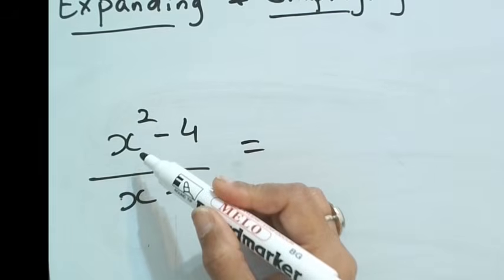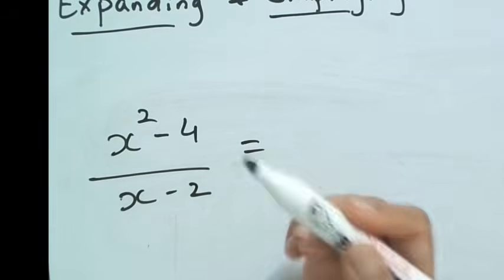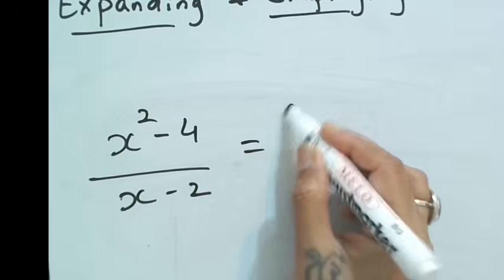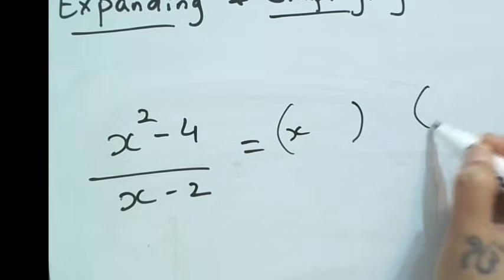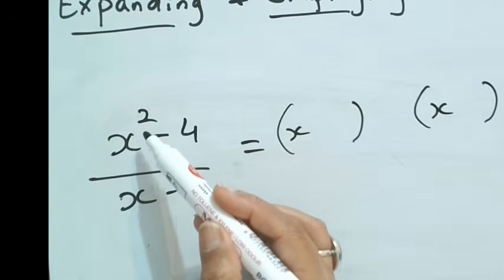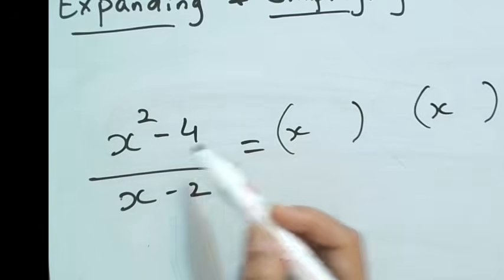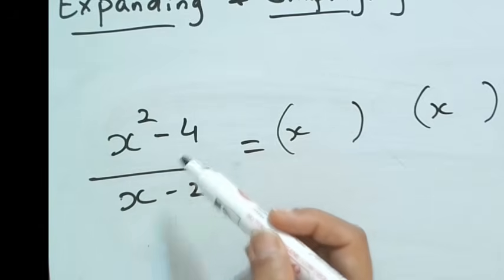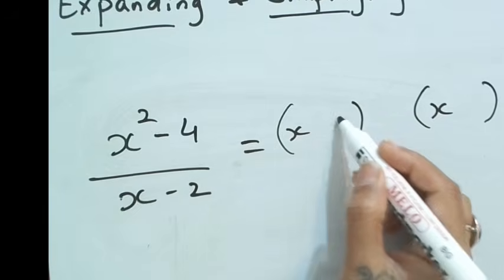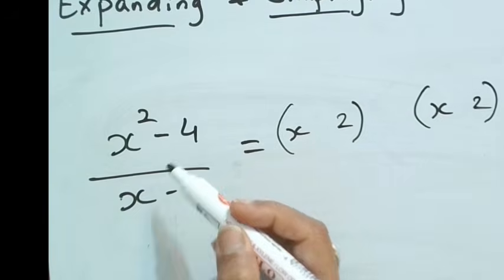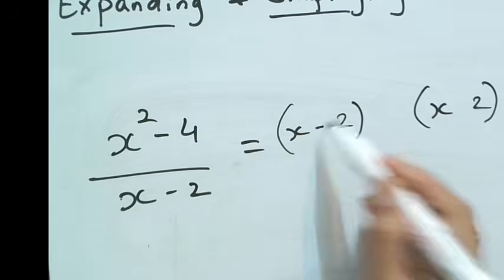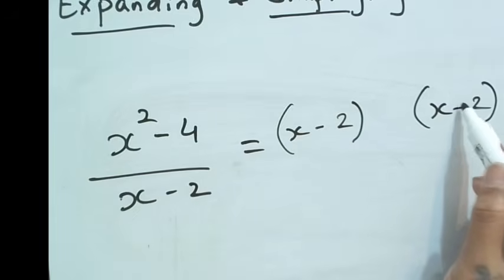Again, when you have x square, it means you are going to factorize the top, and you need to have 2 brackets. So you are going to make 2 brackets with x. Think of a square number which can make 4. So it is 2. 2 times 2 is 4. Put one bracket with negative and the other bracket with positive.